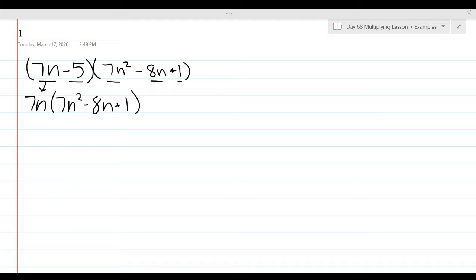Then we're going to take the negative 5n and put it here, or negative 5, there's no n. And then we're going to copy that polynomial again. Minus 8n plus 1. So all I did was separated out this polynomial here and move things down.